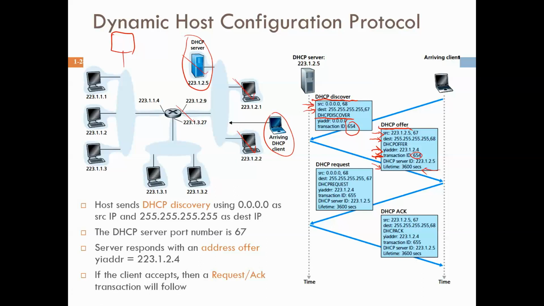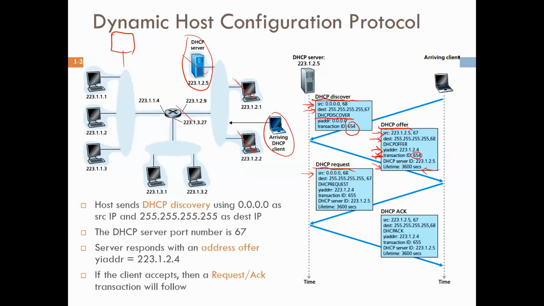Eventually, the lease that you have with the DHCP server will expire and you will not ask for a renewal. And so the DHCP server will take this IP address and now it can assign it to someone else. Okay. So after the DHCP offer, the client will send a DHCP request.